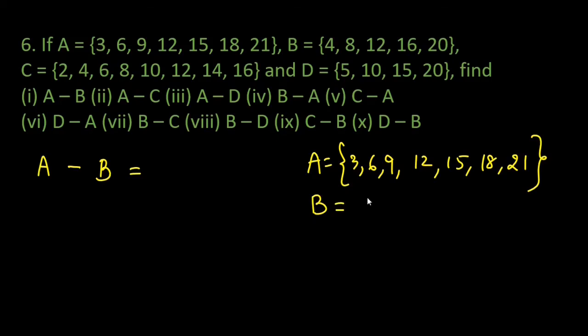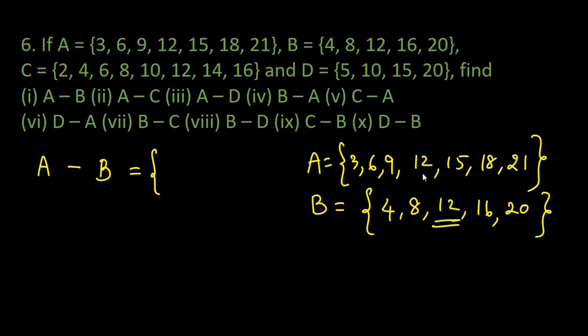Then take B: 4, 8, 12, 16, 20. A minus B means the element should be in A but not in B. So take the elements in A; if any are also in B, we cancel them out. 12 is there in B, so we should not take it. So 3, 6, 9, 15, 18, 21.